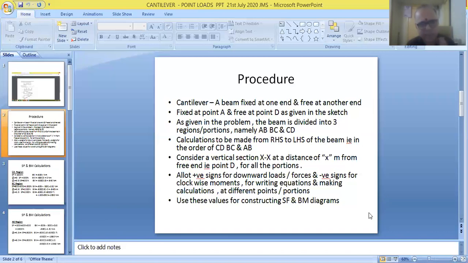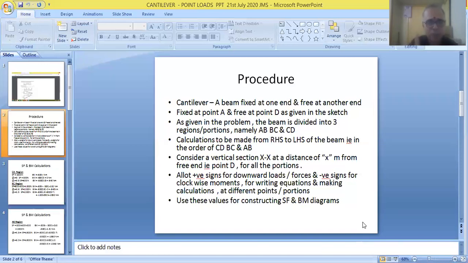So friends, as far as forces are concerned, please allocate positive signs for downward forces, and please allocate negative signs for upward forces. Similarly, if a force is acting in downward direction, the beam will have a tendency to rotate in clockwise direction.